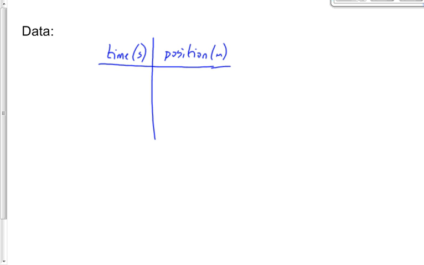Now, this apparatus is actually going to collect a lot more data than just that. It'll collect time, position, instantaneous velocity, instantaneous acceleration on the x-axis, y-axis, z-axis, the resultant acceleration. It even records the sound level via the microphone on your iPhone. Records all kinds of things. The only two columns that we want are time and position.